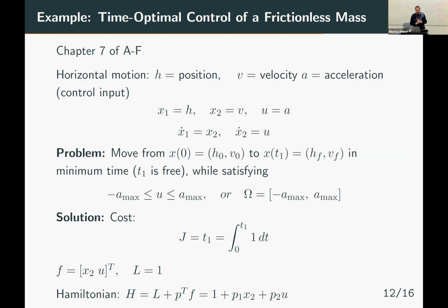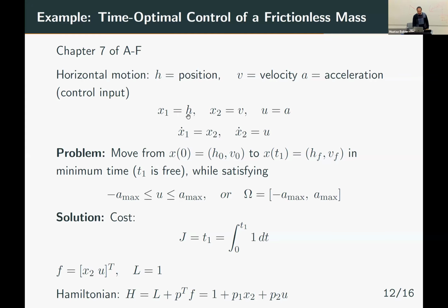In this case, we want to move this mass in the minimum time. We consider one dimension, horizontal motion. We have position, velocity, and acceleration, which is the control input.